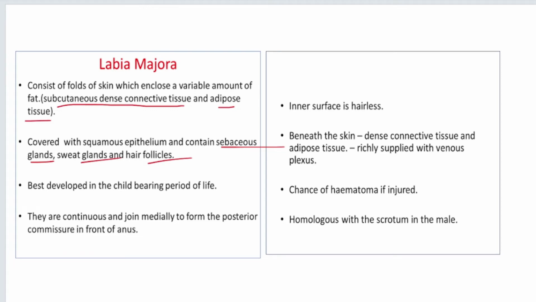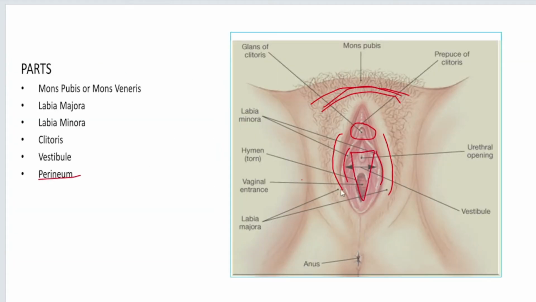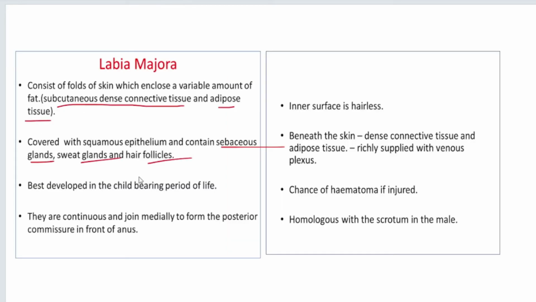One important point is that posteriorly these two lips, the labia majora, fuse together and form the posterior commissure. So this part is the posterior commissure. The labia majora are richly supplied by a venous plexus.